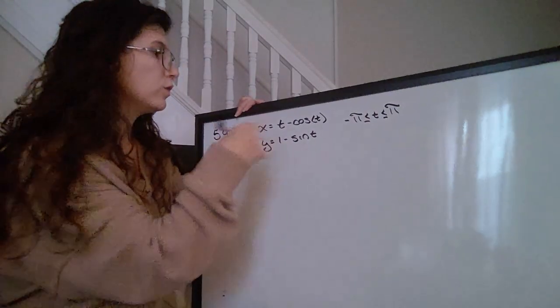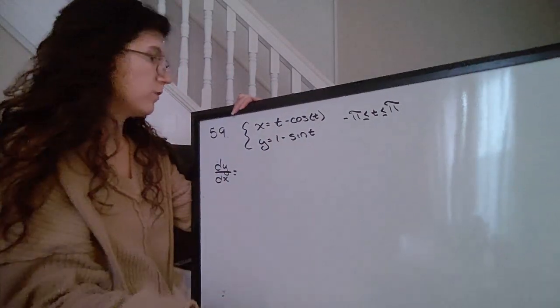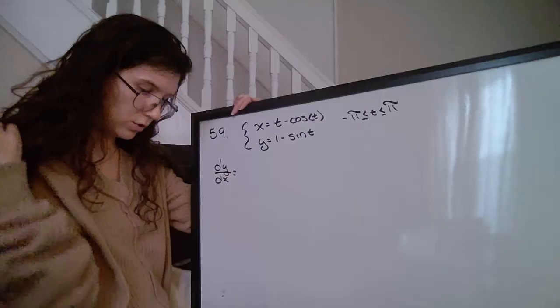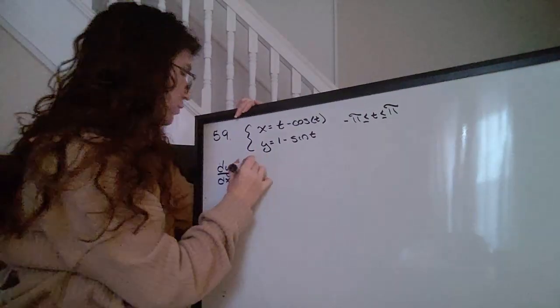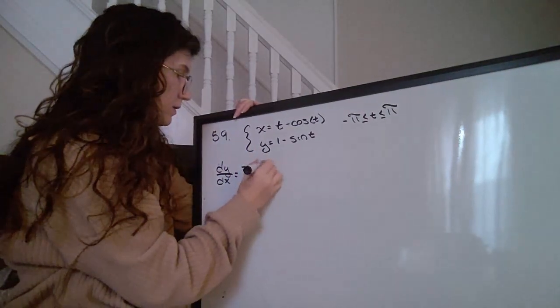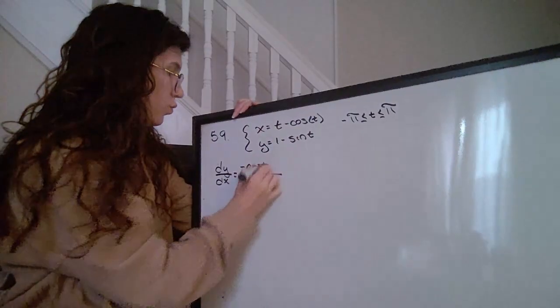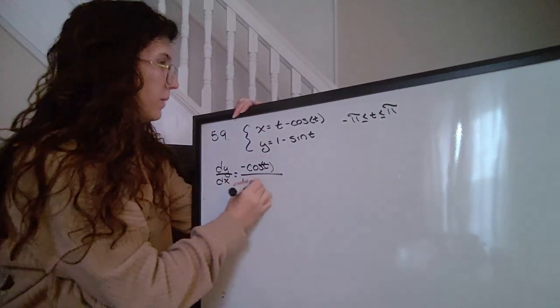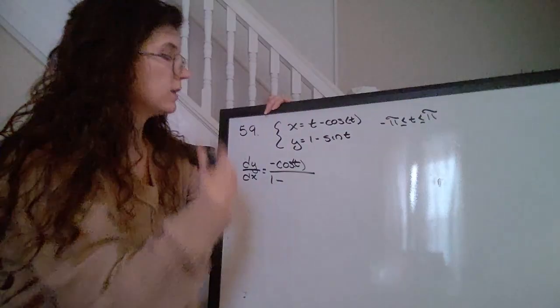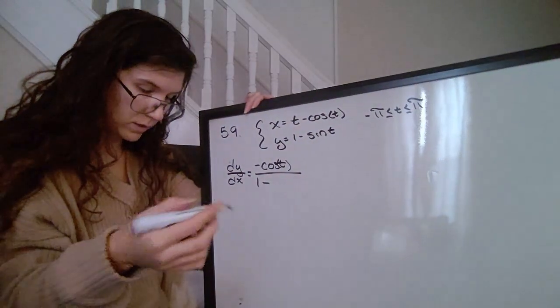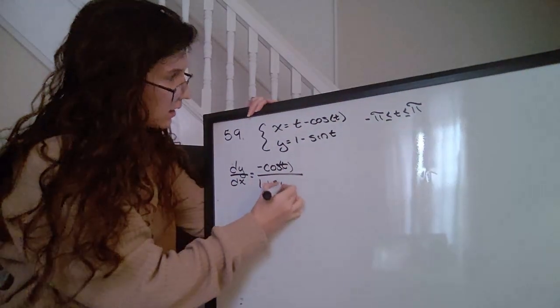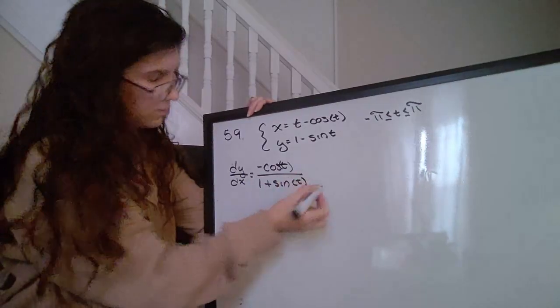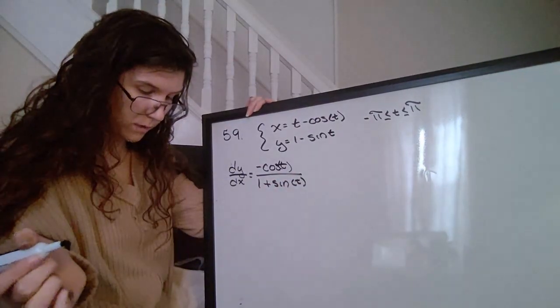So this 1 will go away. The derivative of sine is cosine, so this would actually be negative cosine t over 1 minus, derivative of cosine is negative sine, so this would actually be plus sine of t. So that is going to be my derivative.